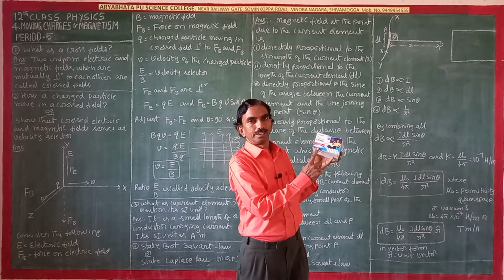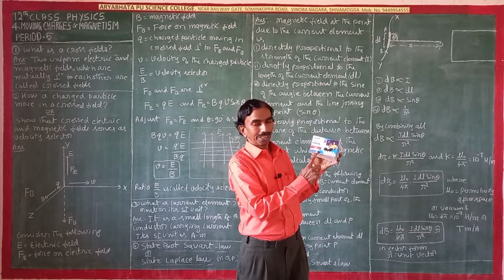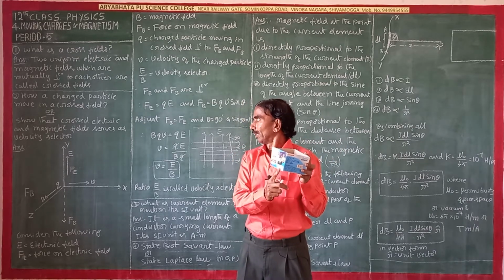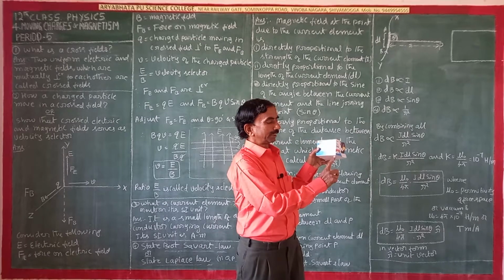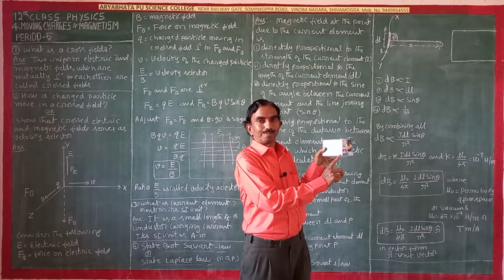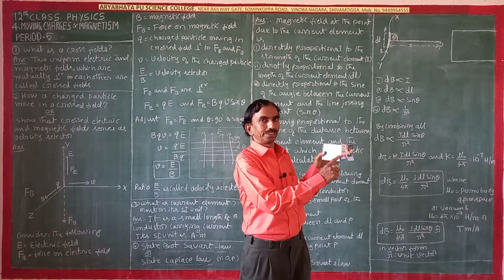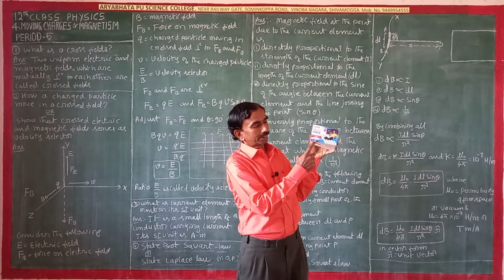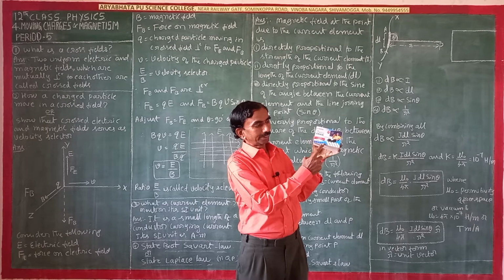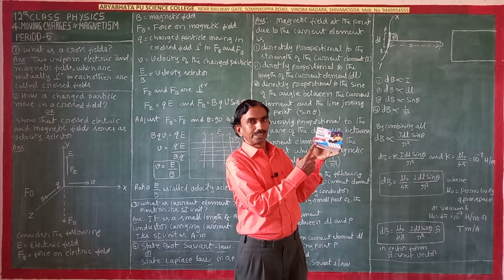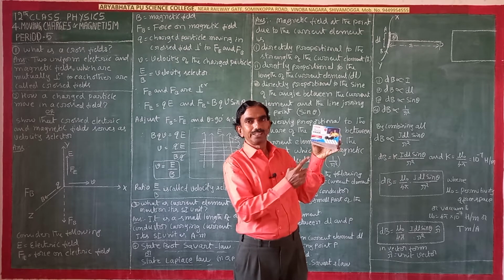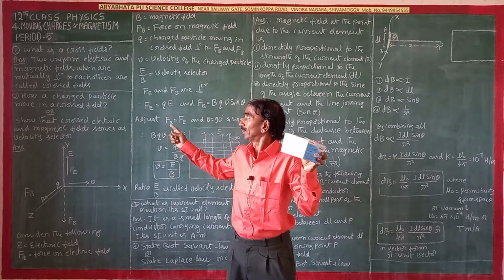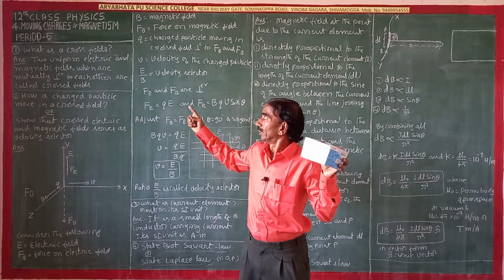The y-axis is the electric field. It is perpendicular here. And the x-axis is the direction in which the charged particle is entering this field. It is a three-dimensional picture. So it is a crossed field.